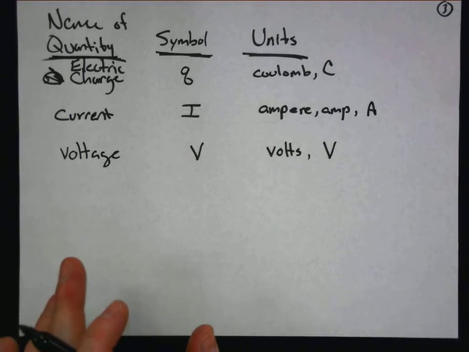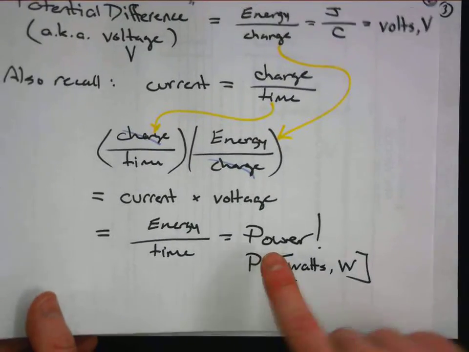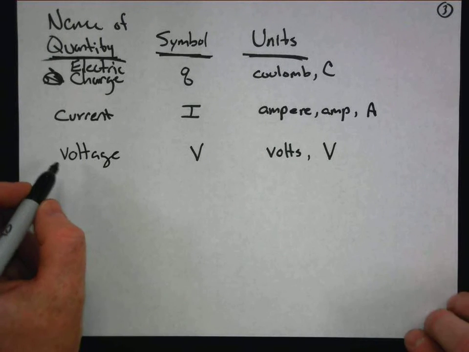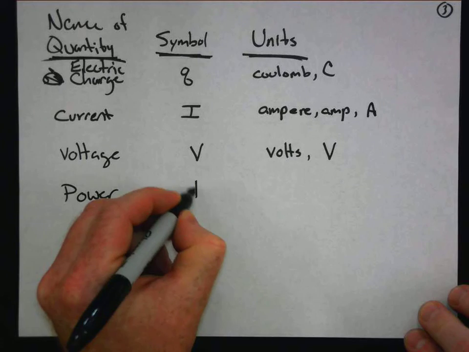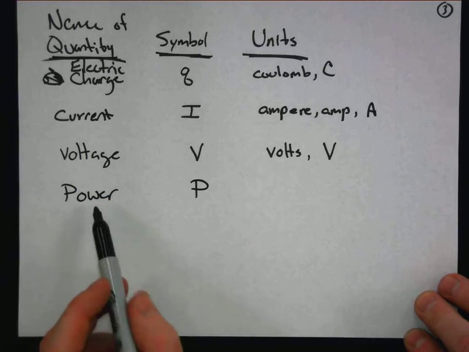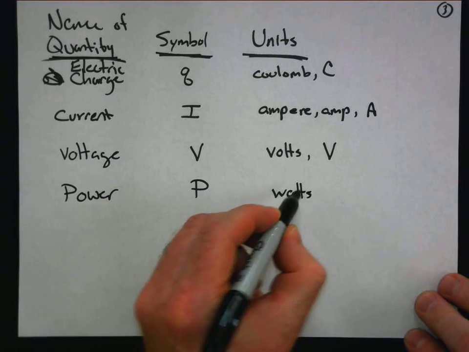Not hard to deal with, right? Now we've also seen electric power. Capital P is the symbol for that quantity. The units are watts. Capital W.